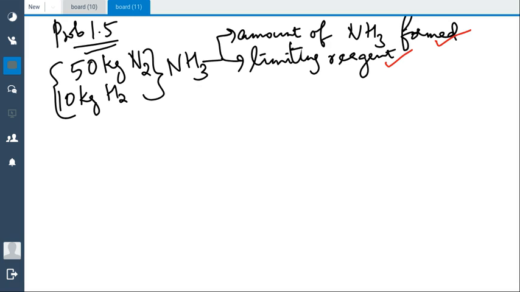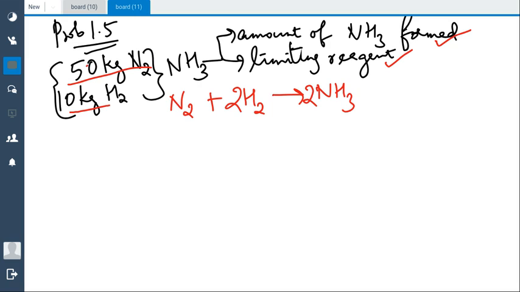First, we need to know the reaction. The reaction is N2 plus H2 gives ammonia. First, we balance this. Now, we have 50 kg of N2 and 10 kg of H2.